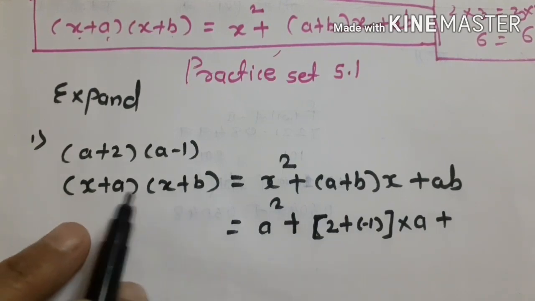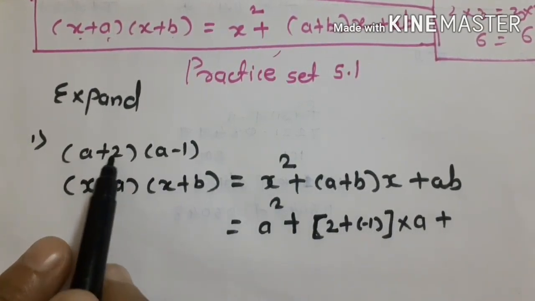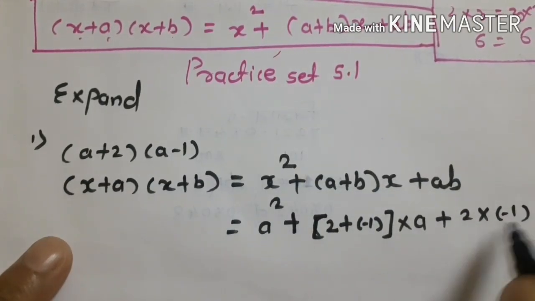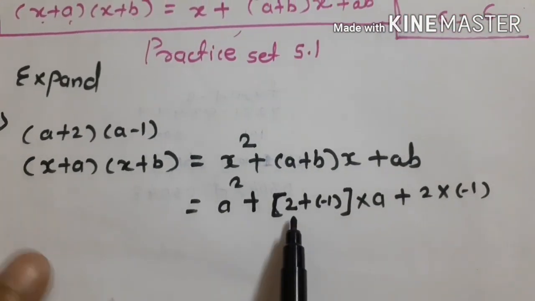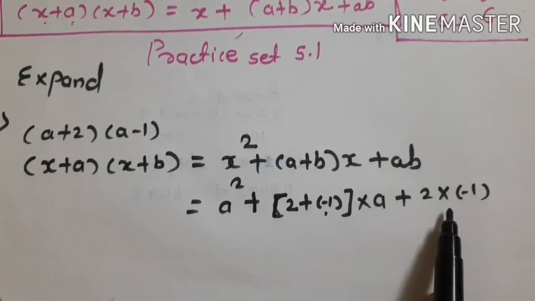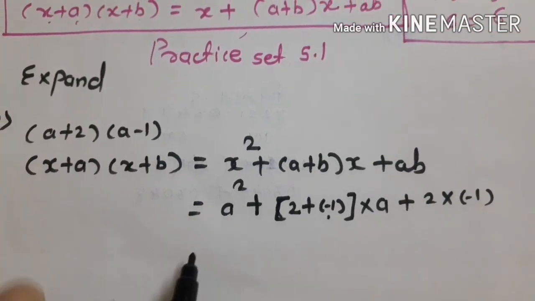Here x means the first term, so a is our first term, plus 2 and minus 1 are the second terms. First term square plus the sum of the second terms into the first term plus the product of the second terms.